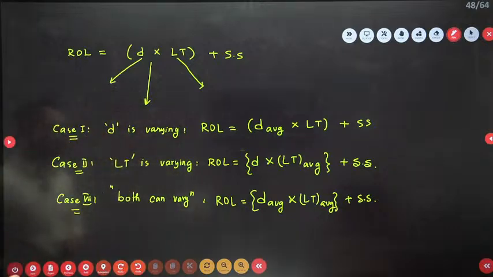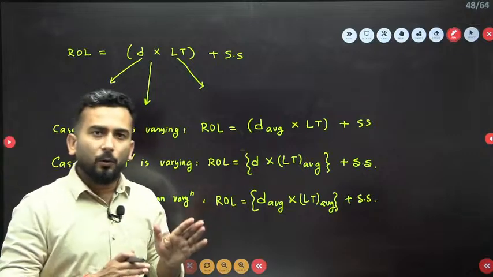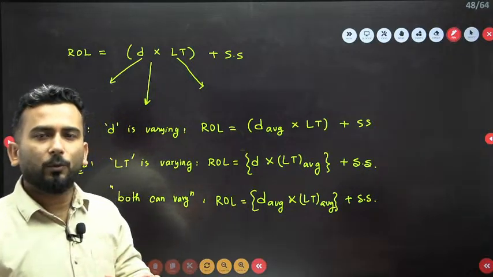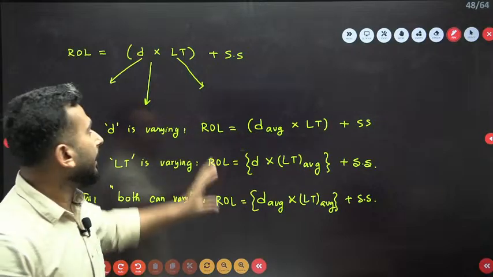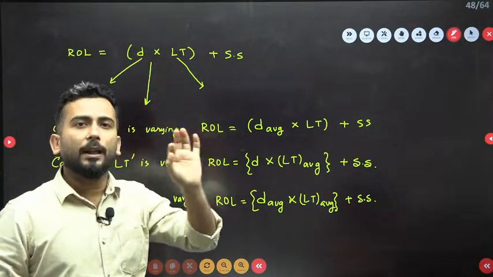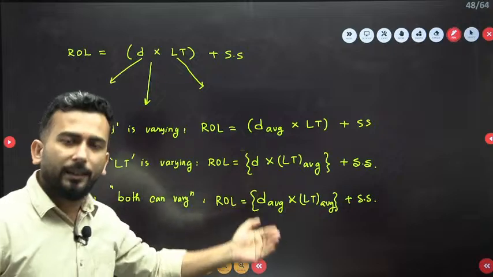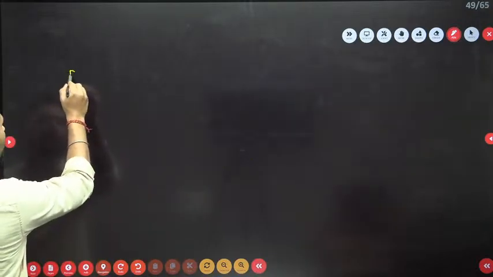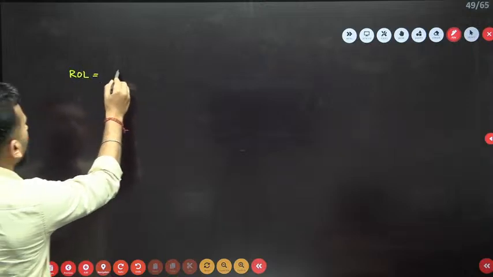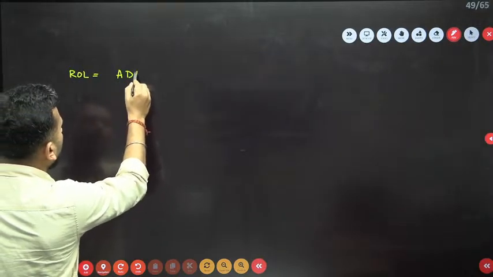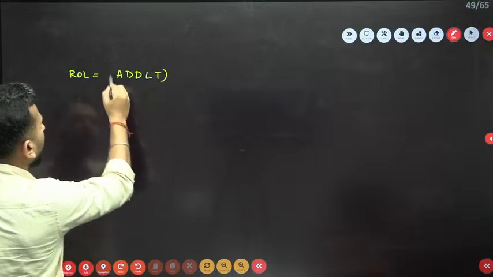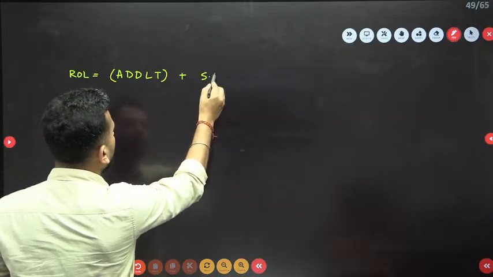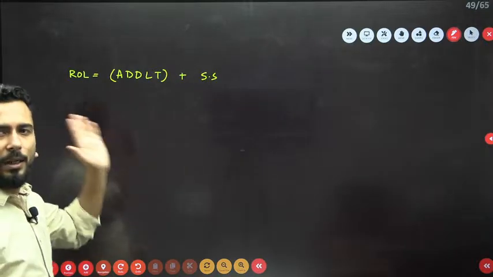Now my dear friends, this is the formula, and now we have to relate it with probability. Only one thing you need to know. Since I have taken the average, now ROL is equal to ADDLT plus safety stock, and you know that demand during lead time is varying.